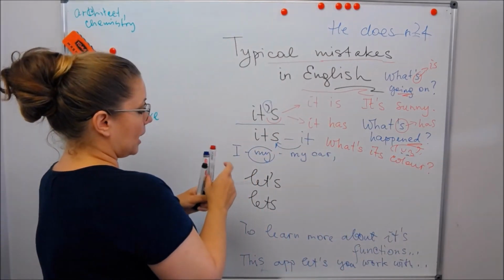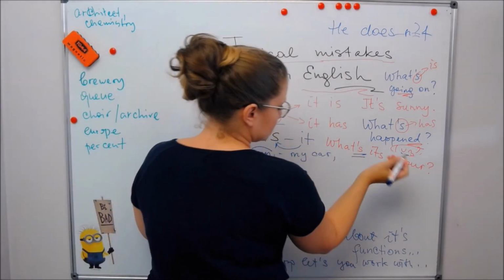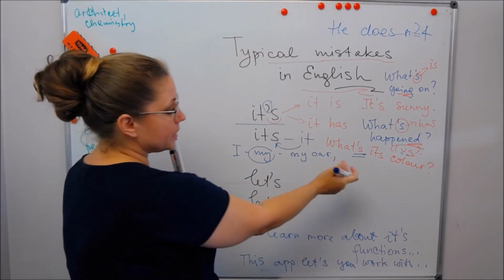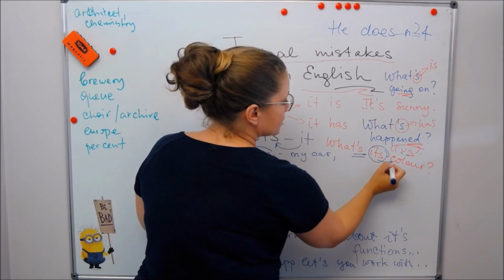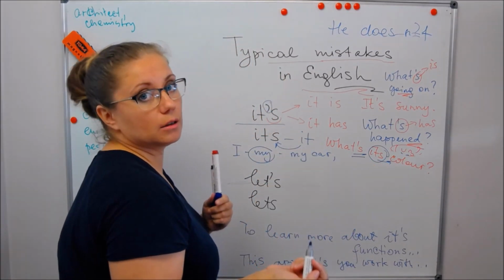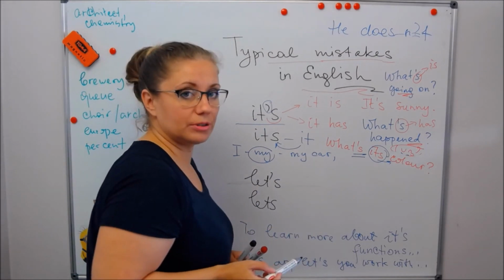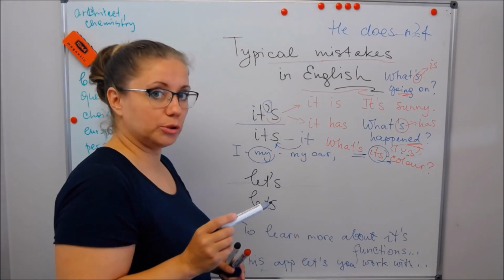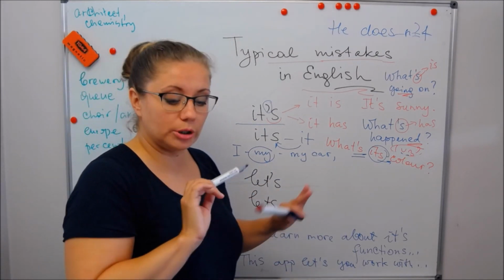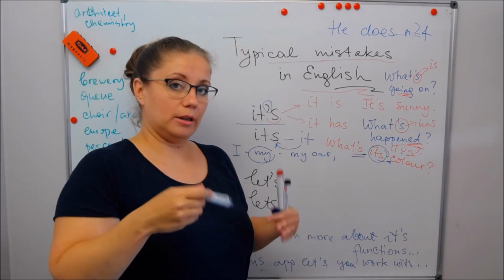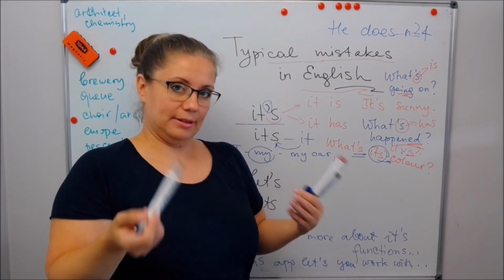Here, my S, it is contracted is, what is, but here it's belonging of the color, and that's why I don't use an apostrophe here. And that's very important because I see on Facebook, in blogs, everywhere, people put the apostrophe here in this possessive adjective, and this is a mistake.